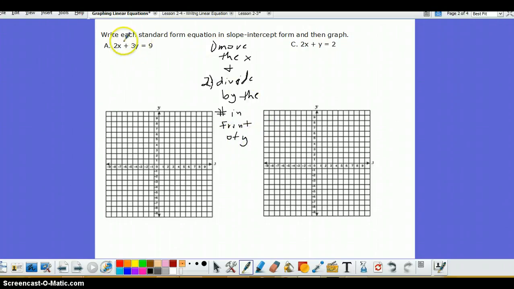Alright, so when I look here, I want to move that. So it's positive, so I'm going to subtract 2x. So that gives me 3y equals negative 2x plus 9.